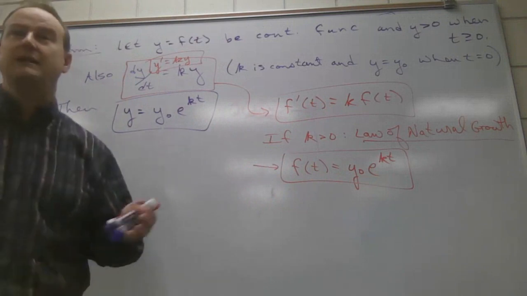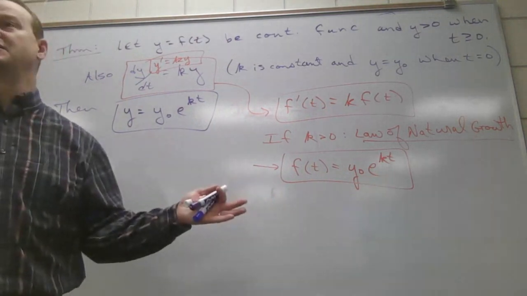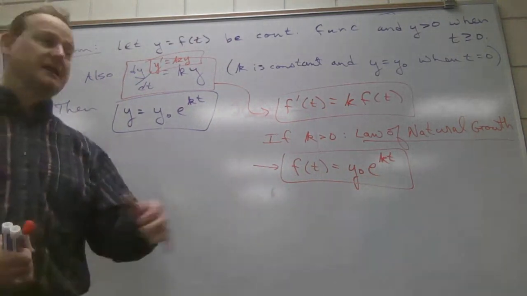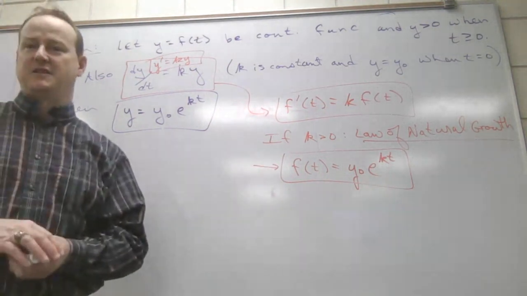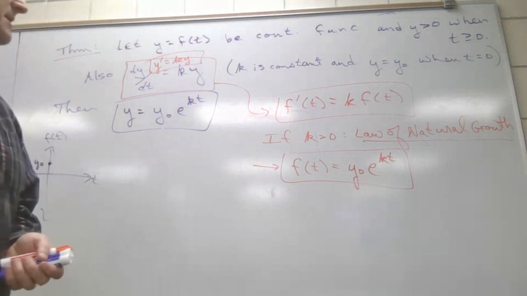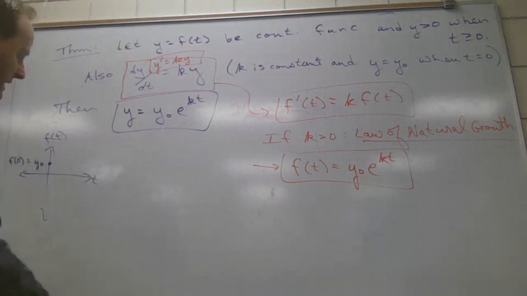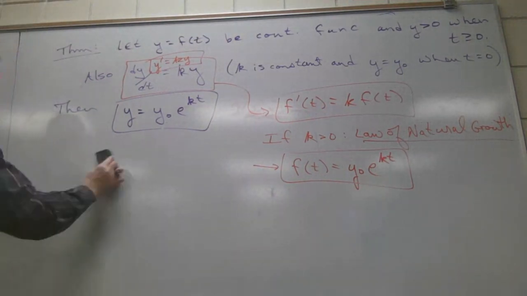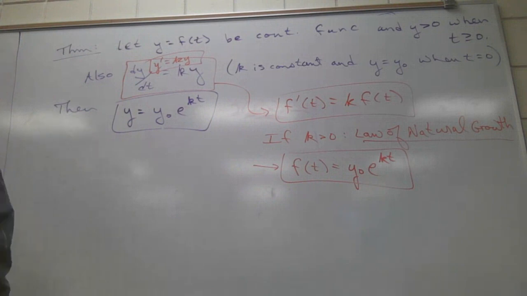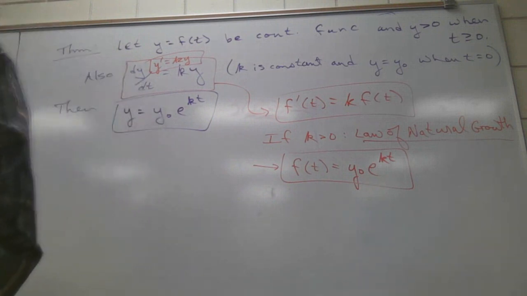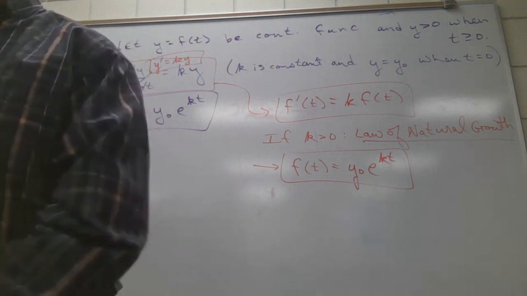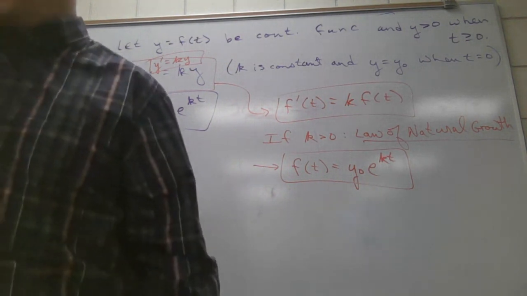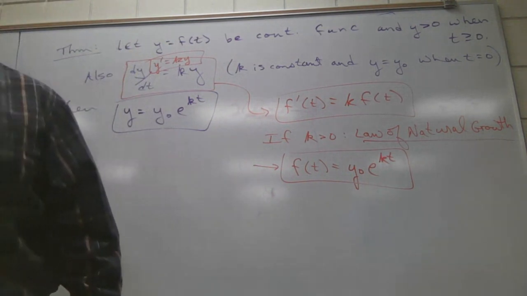So if you're wondering what formulas to use to solve some of this stuff, this is a good hint that we're going to use in number 6, right? So we're going to use the law of natural growth here. We can use these formulas for growth.